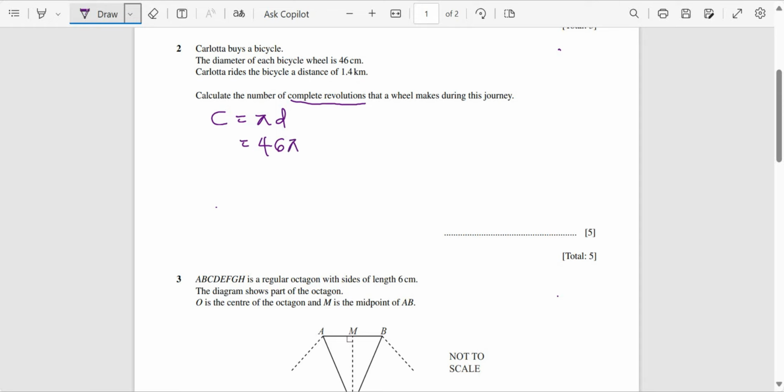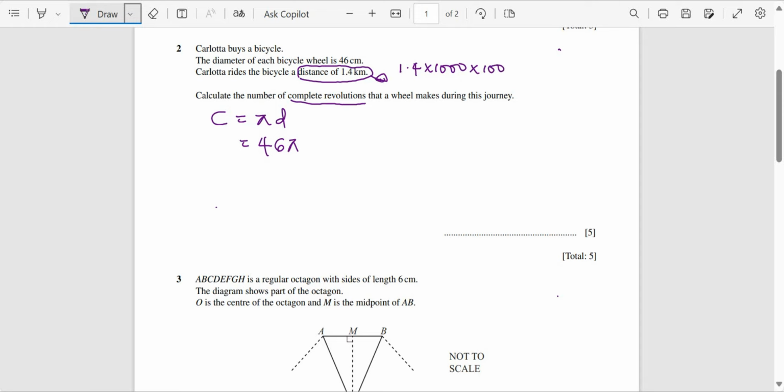Now, what this question is really asking us to do is to find the number of times that this wheel will move completely on a track of this distance. So we need to convert this to centimeters, and that will be 1.4 times 1000. This will take you to meters, times 100 will take you to centimeters.